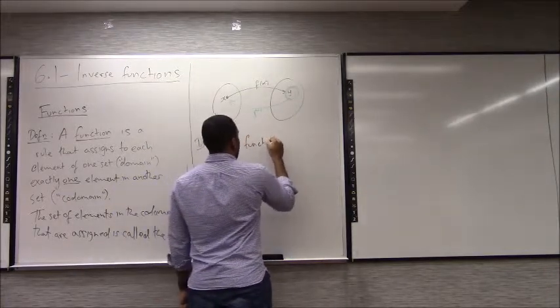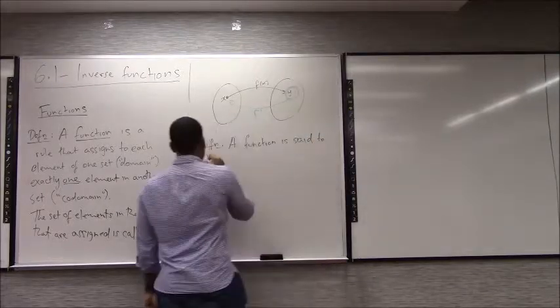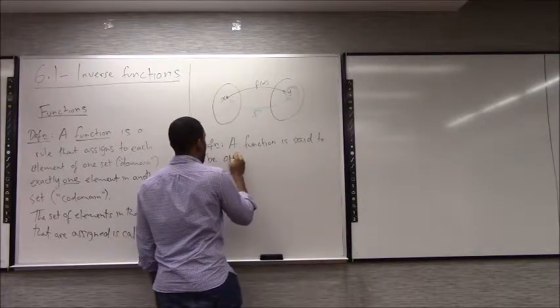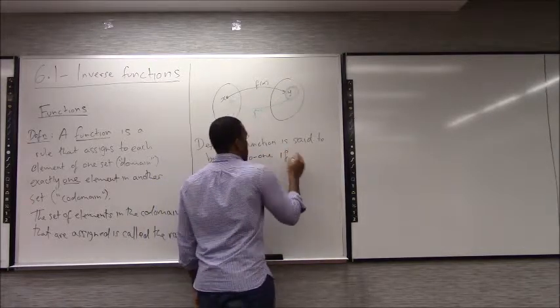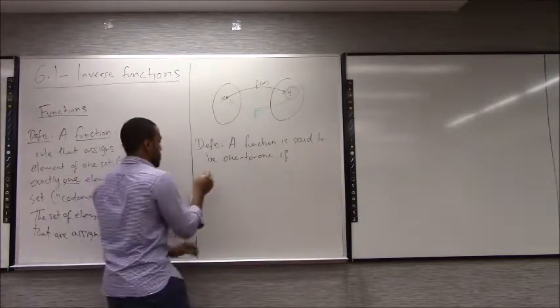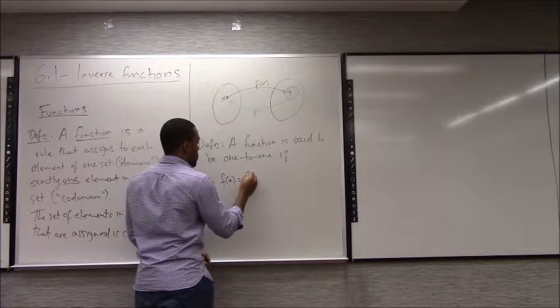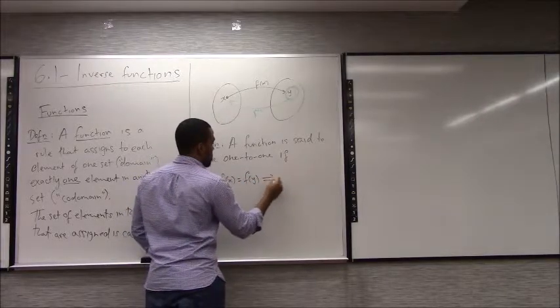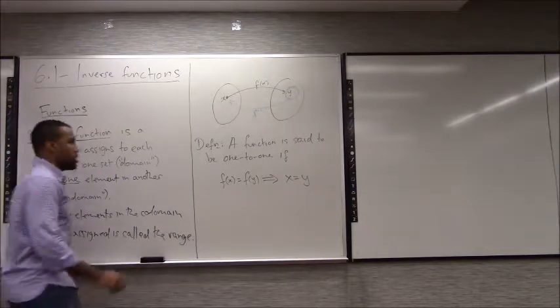A function is said to be one-to-one if the following is true. f of x equals f of y implies that x equals y. There are many formulations of that.